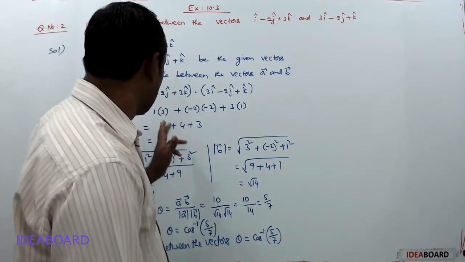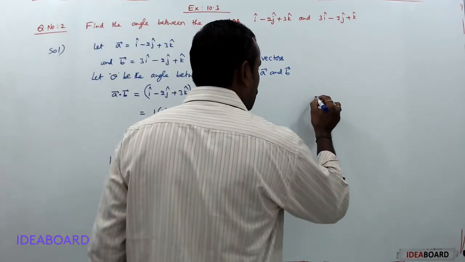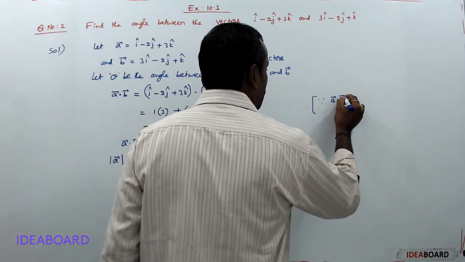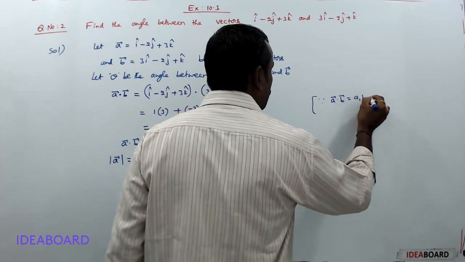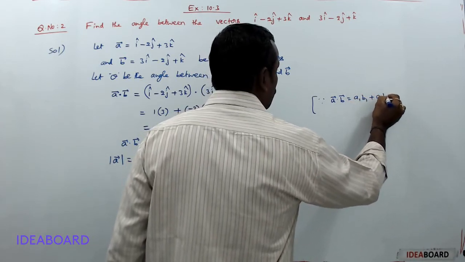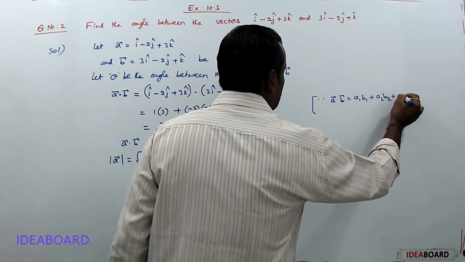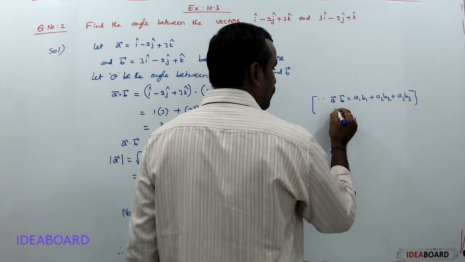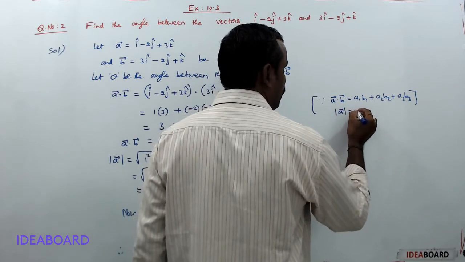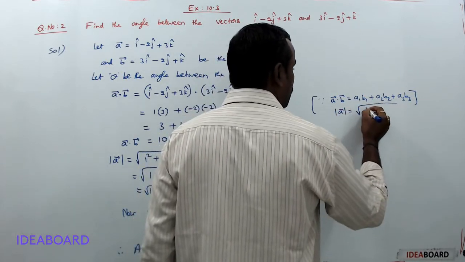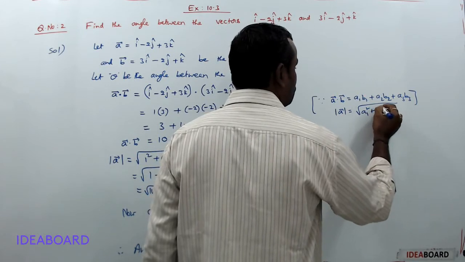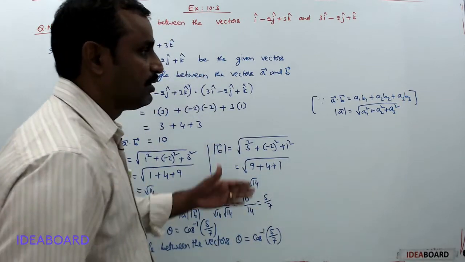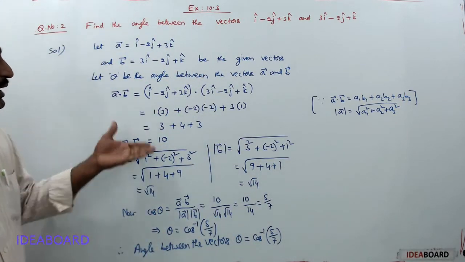Now, which formulas we applied: the A bar dot B bar formula is a1 b1 plus a2 b2 plus a3 b3. This formula we applied, and along with that, the magnitude of A bar is equal to the root of a1 square plus a2 square plus a3 square. So only these two formulas, the magnitude formula and the dot product formula, we applied in this question.